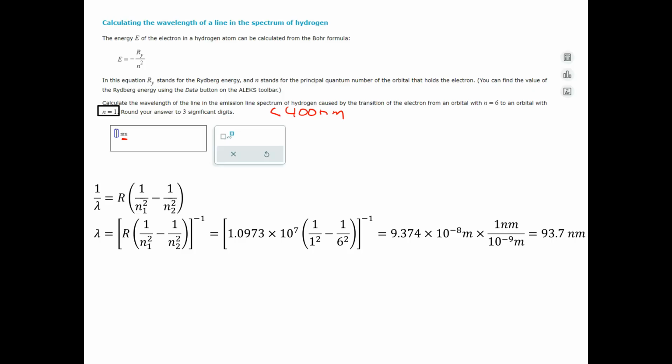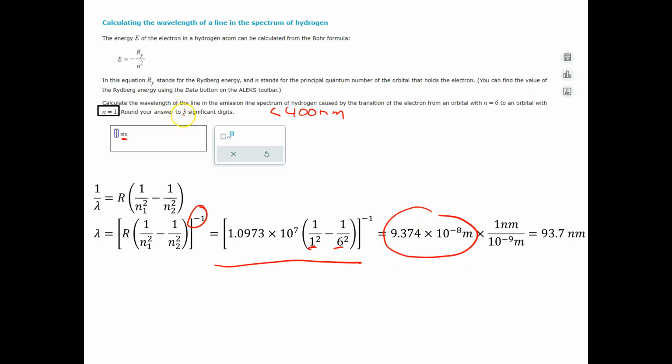Now I don't want 1 on the wavelength, I want the wavelength itself, so I'm going to put the whole of the Rydberg equation in parentheses, and then raise it to the power of -1. So I can go ahead and do the math, making sure that I get my n's in the correct order so I don't end up with a negative length. And then this is the number that I get.